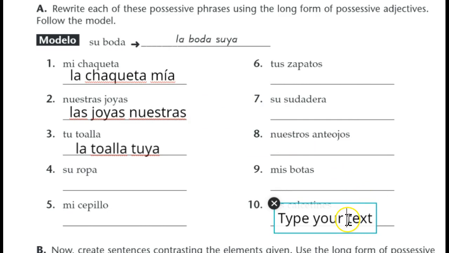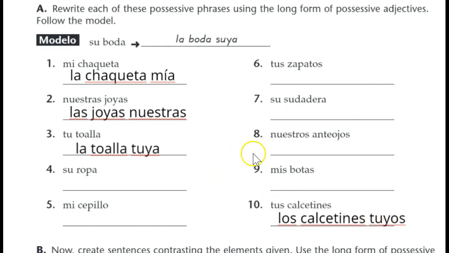Now again, you have to know: calcetines, is it masculine or feminine? It's very important, right? It happens to be masculine. Los calcetines means socks. And so when you say tuyo, tuyas, tuyos, you've got to know which one it's going to be. Obviously masculine, plural here: los calcetines tuyos. Okay? So they mean the same thing.